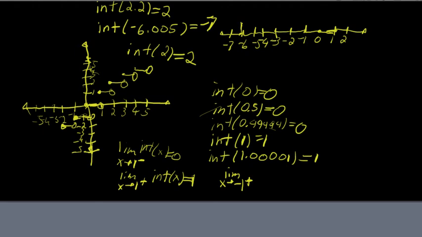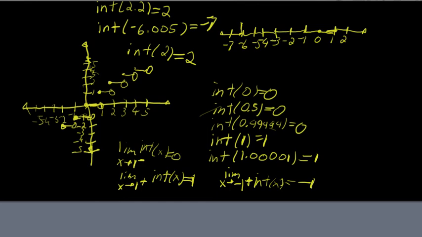So that means values like -0.999999999. And the function we're looking at is int of x. So we input -0.99999, and int of x, what's it going to spit out? It's going to spit out -1.